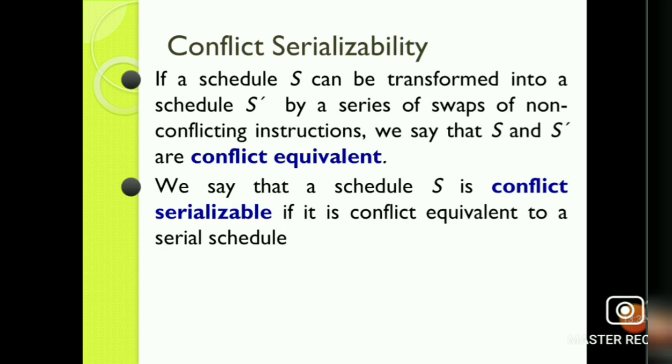If a schedule S can be transformed into a schedule S dash by a series of swaps of non-conflicting instructions, we say that S and S dash are conflict equivalent.